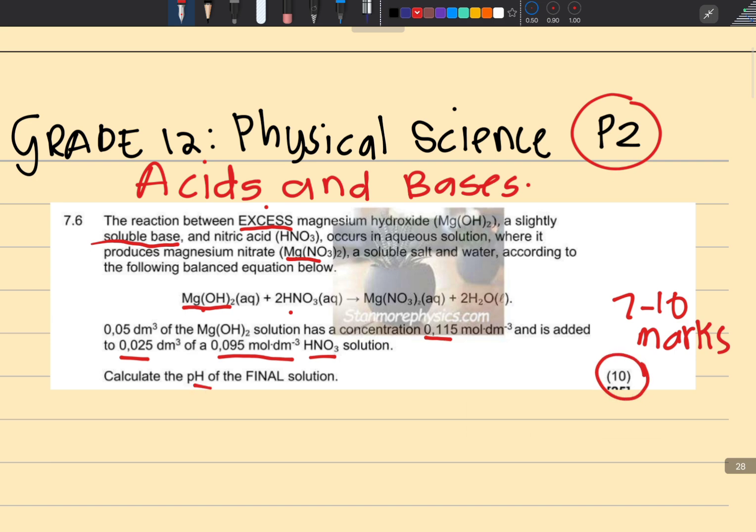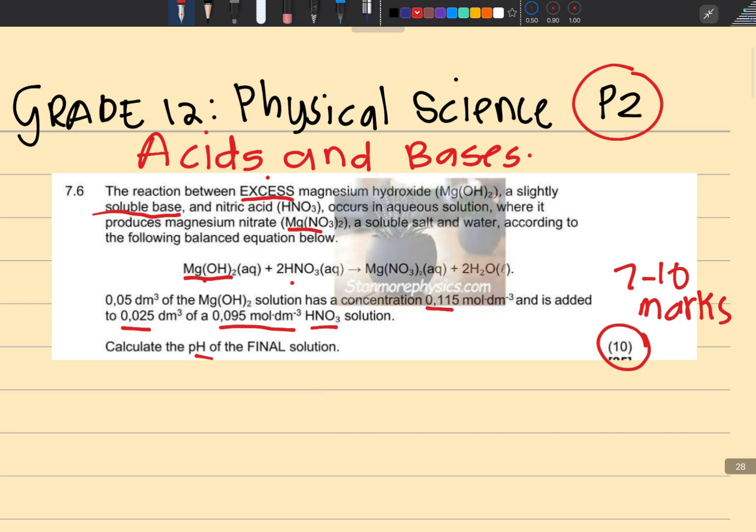Okay, so firstly, when they tell us that magnesium hydroxide is in excess, it means at the end of the reaction we will still have some unreacted magnesium hydroxide together with the products.